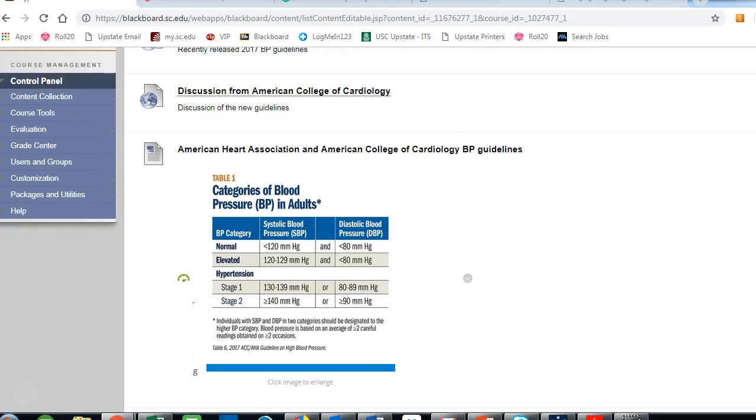Right now there is some debate as to our blood pressure numbers. So the American Heart Association and the American College of Cardiology says that anything over 120/80 is elevated. And it starts labeling stage 1 hypertension at 130 and stage 2 hypertension at 140.